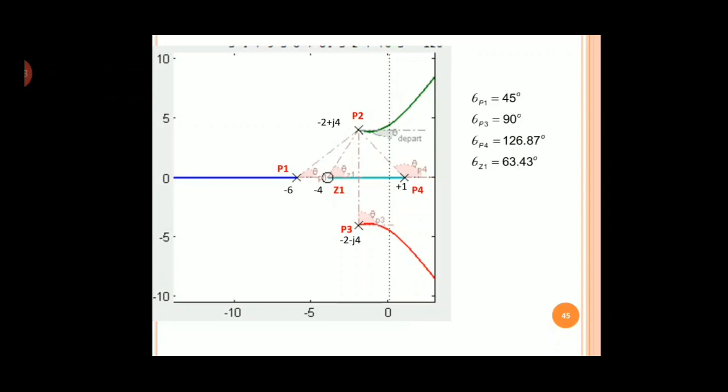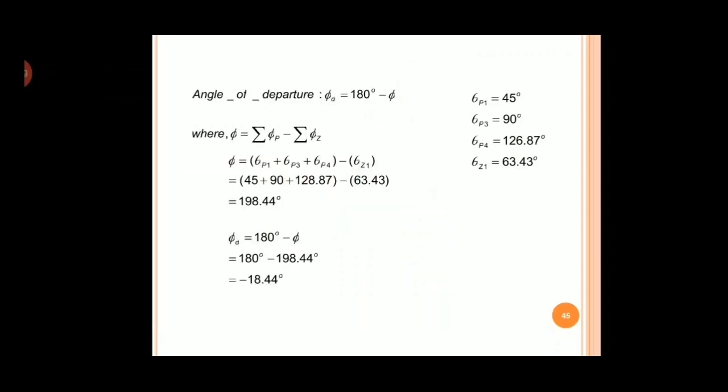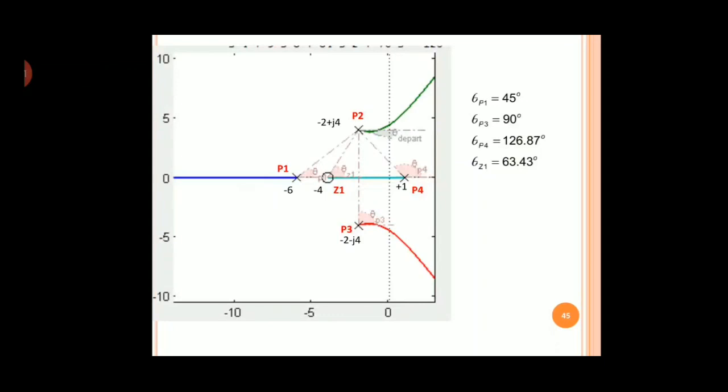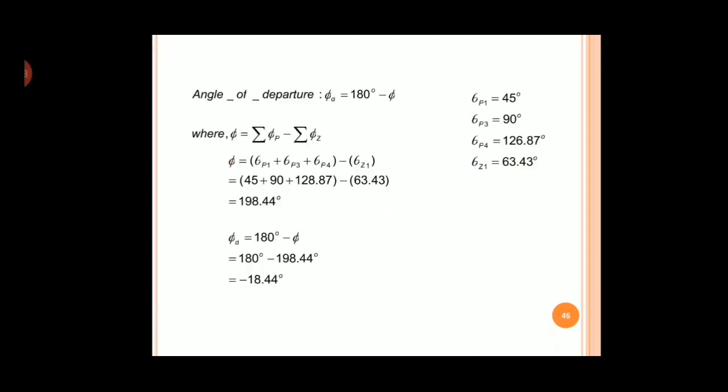Now it is time to substitute them in the formula. First I need to calculate phi, the summation of phi p. It is the angle contribution by all other poles, that is P1, P3 and P4. Substitute the values, and with the summation of Z1, I get phi as 198.44 degrees.